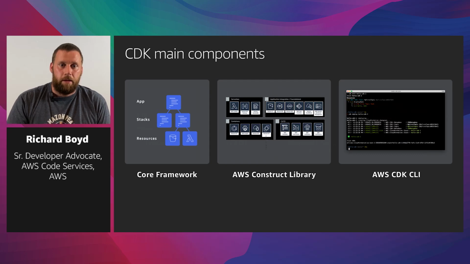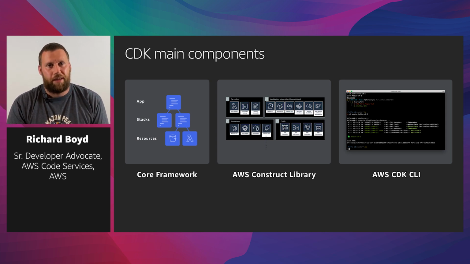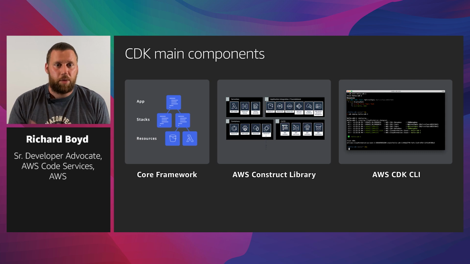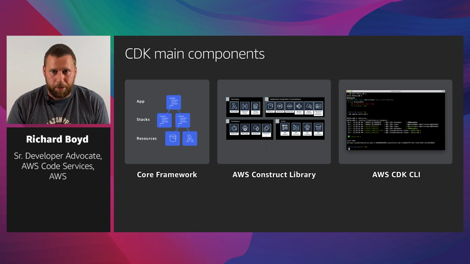So the three main parts of CDK are the framework that we just discussed, this construct library, where there's a module for nearly every AWS service that says, here's a good abstracted way of thinking about these particular resources, as well as the CLI, which interacts with both the construct library, the core framework, and CloudFormation, and obviously the customer.